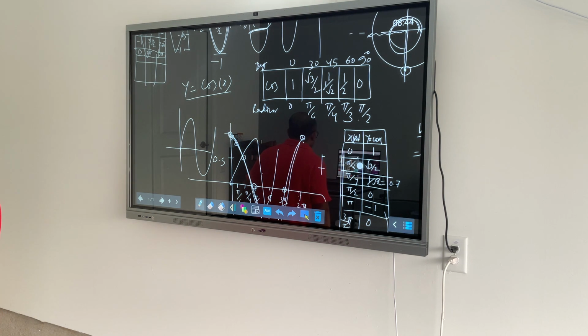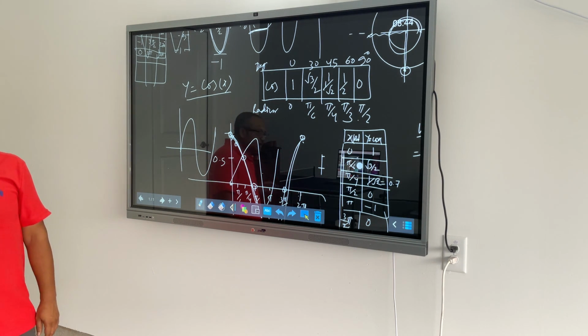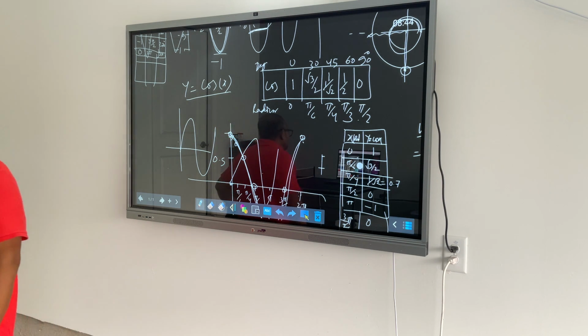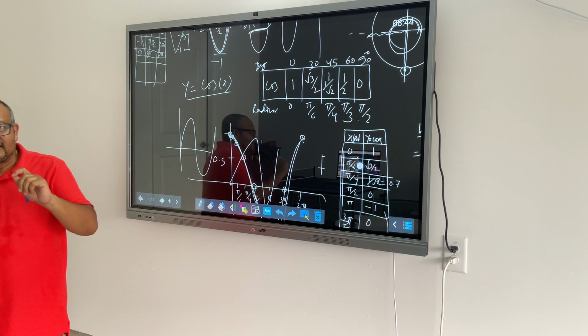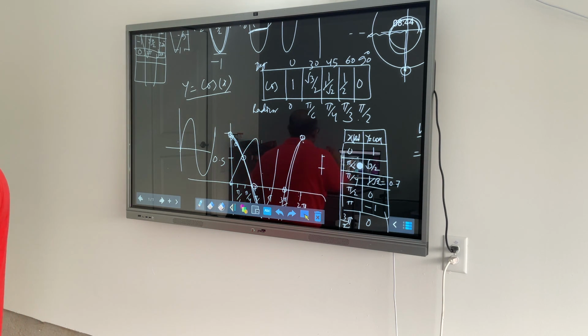Is everybody okay? Now if I asked you guys, can you tell me at what point the sine and cosine curve will intersect each other? It's a concept that you guys know. So first thing I would say is, believe in yourself that yes, you know it.